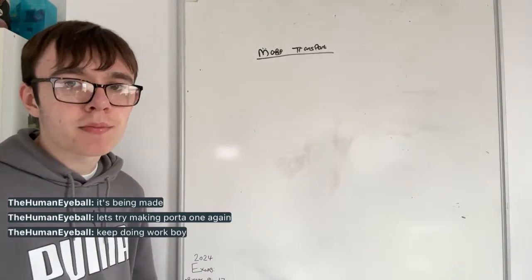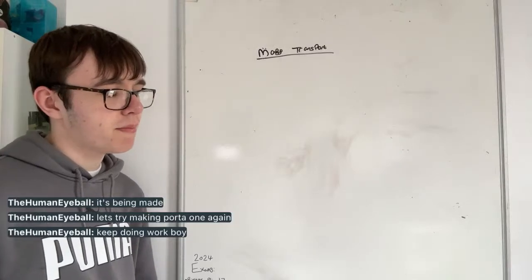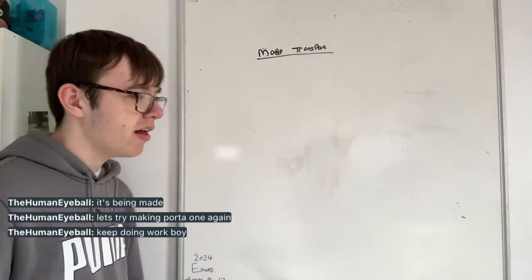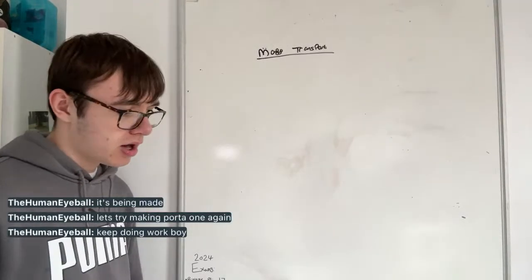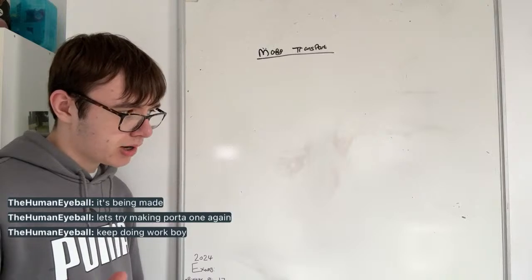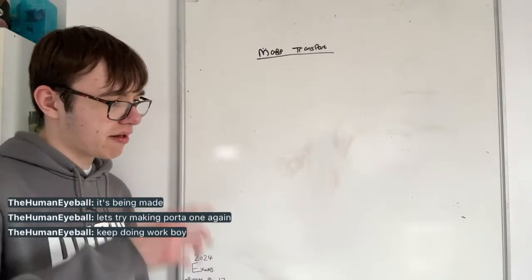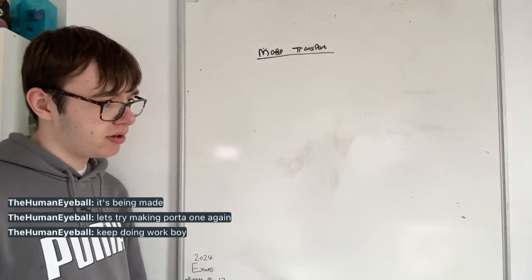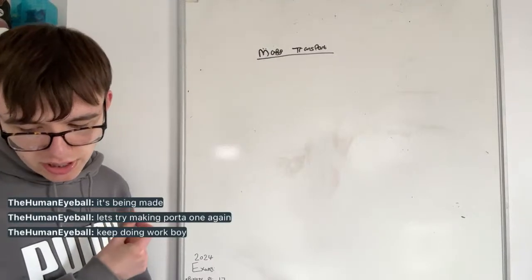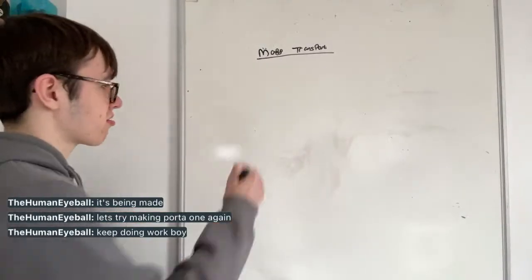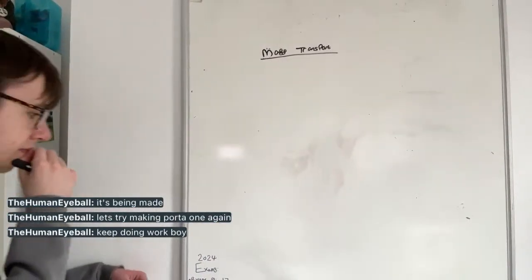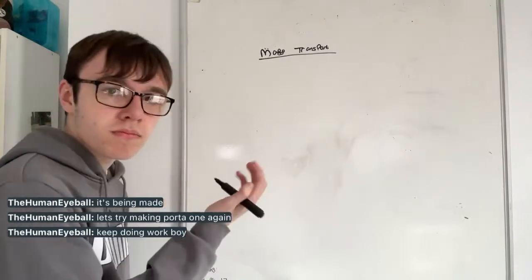Your right atrium has the pacemaker cells, and your left ventricle has the thicker wall.